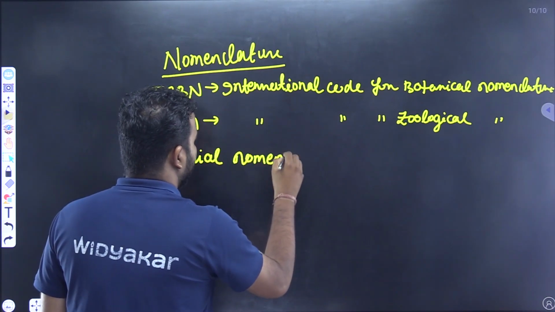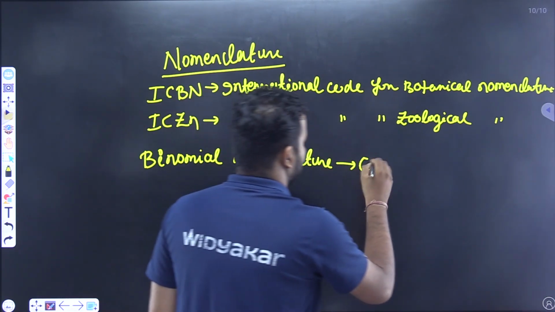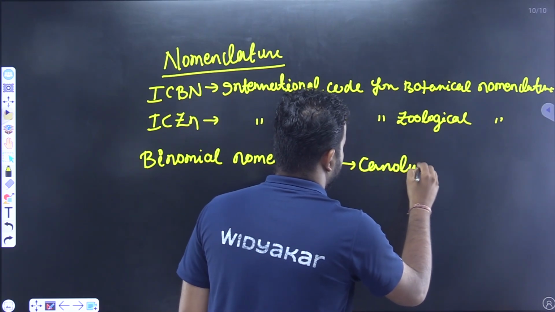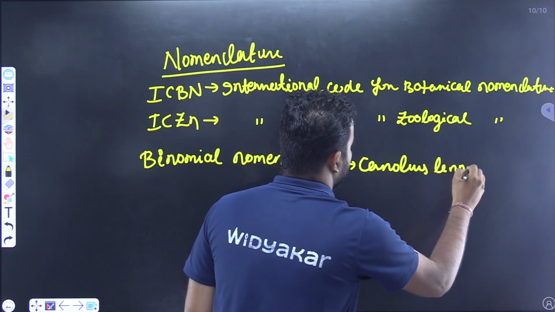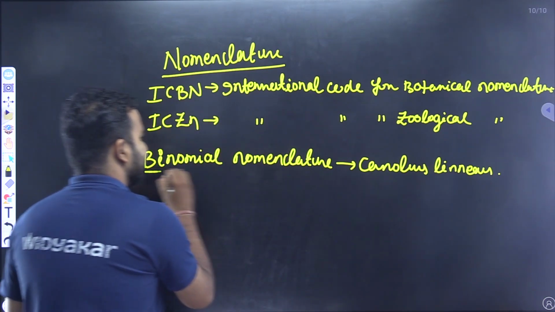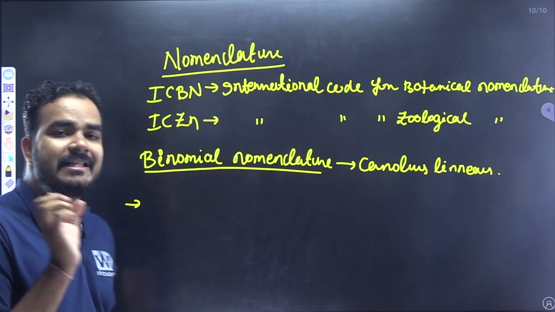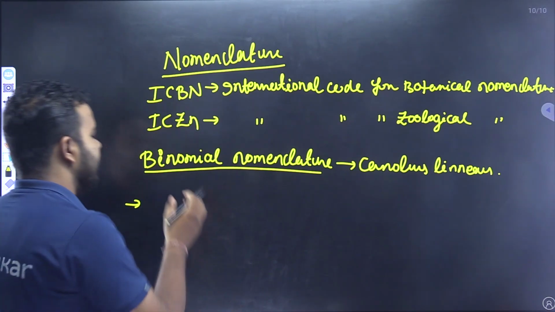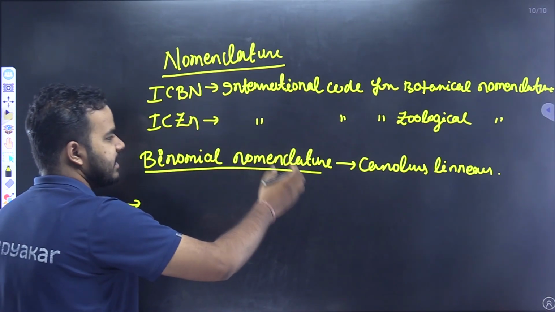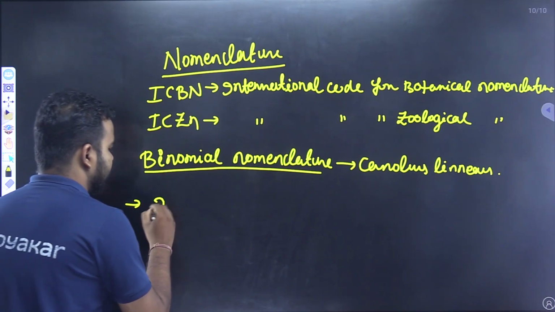The binomial nomenclature was given by Carolus Linnaeus. Bi means two, nomial means name or word. So in the binomial nomenclature system, an organism has two words.